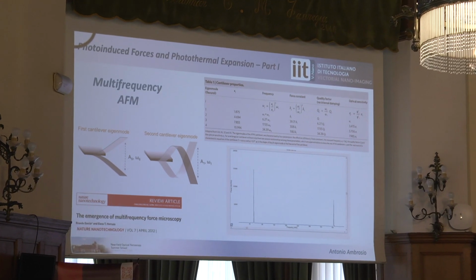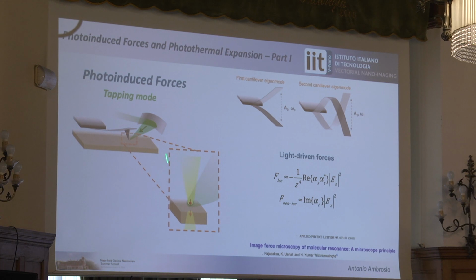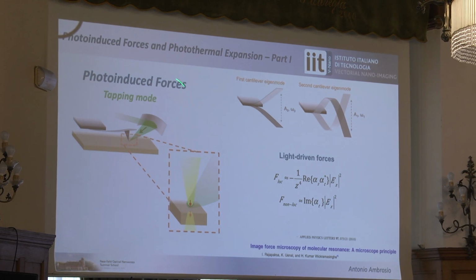Now, what are we gonna do with these two modes? Well, again, the picture, according to people that introduced this, is that you have two dipoles. Now you have forces due to the two dipoles. And you can see it also in a different way, like Rainer the other day pictured the effect of the sample as another dipole in the tip, right? And of course they are gonna compensate.